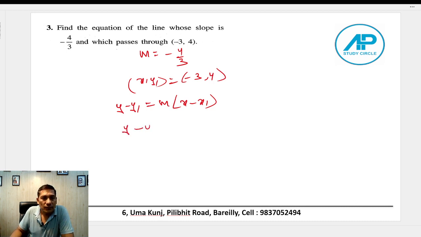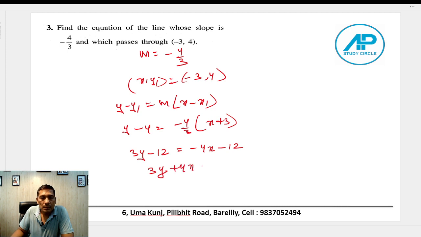Y minus 4 equals -4/3 times x plus 3. You got 3y plus 4x equal to 0 or 4x plus 3y equal to 0.